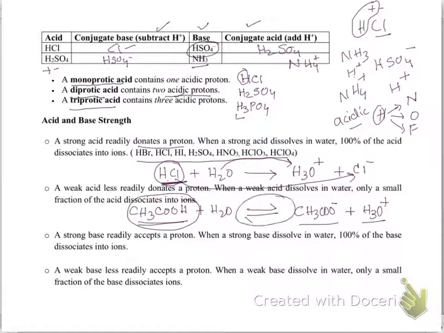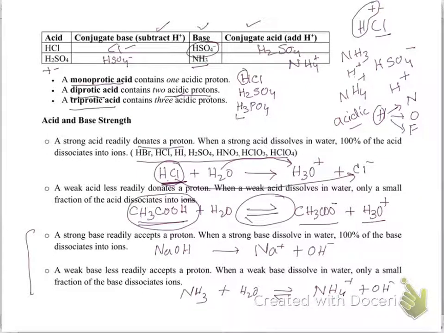So we show it with this double arrow, again the reversible equilibrium sign. That's the same thing with bases. A strong base like sodium hydroxide, when you put it in the water, it breaks down immediately to form Na plus and OH negative. On the other side, if you take a weak base and put it in the water, it breaks down to form the ions, but we still have a lot of intact base left too.